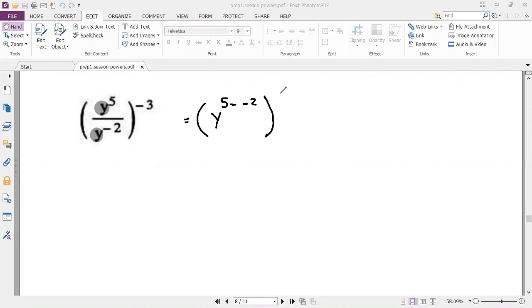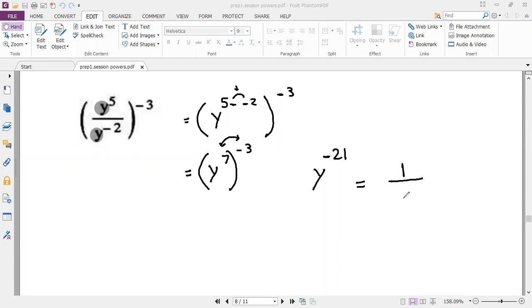And don't forget all raised to the power of -3, okay? So negative after negative, it will be positive. So it's y raised to the power of 5 plus 2, 7, okay? And all raised to the power of -3, because we have two powers. So write y and multiply 7 by -3 equals what? Equals -21. y raised to the power of -21, we can write it as a positive power. It will be 1 over y to the power of 21.